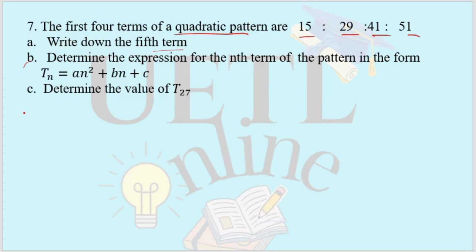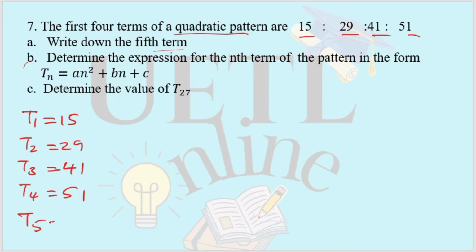So let's say T1 is equal to 15, T2 is equal to 29, T3 is equal to 41, and T4 is equal to 51. Now our duty is to find T5.